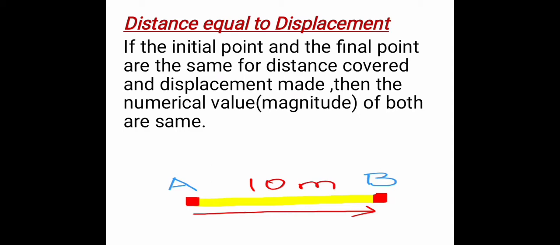So if a body moves from A to B, that is, it has displaced from A to B, the distance covered by the body is 10 meters and the displacement made by the body is also 10 meters, because in both cases, that is distance covered and displacement made, the initial point and the final point are the same. So the magnitude, that is the numerical value of distance and displacement, are the same.